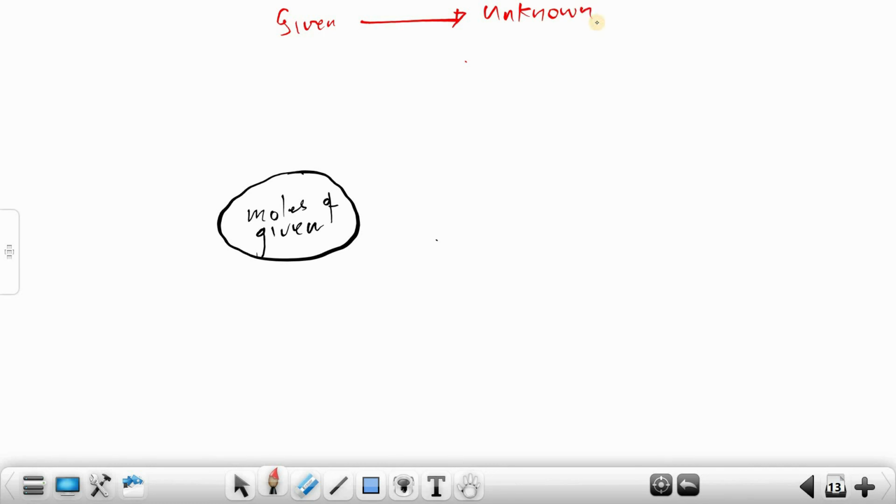So it basically says I must be given some information here. But what information is that? It's the number of moles. And how can I calculate the number of moles?